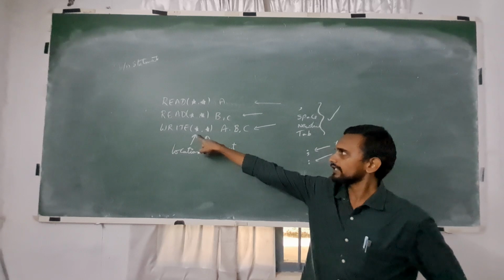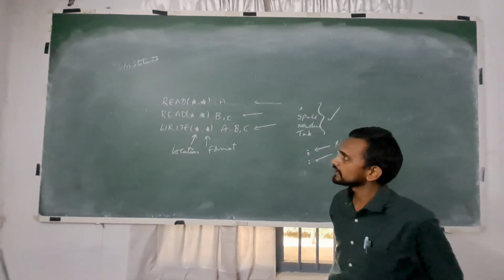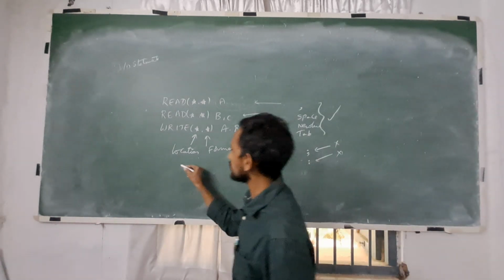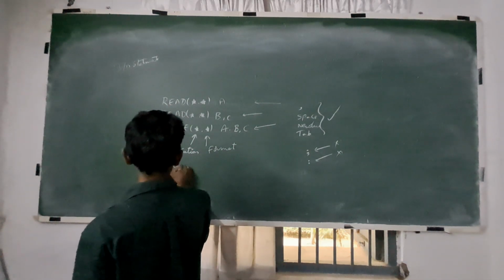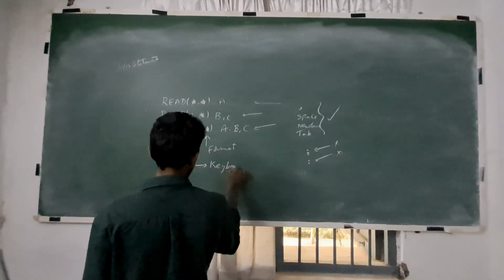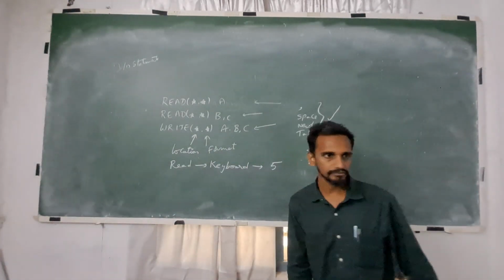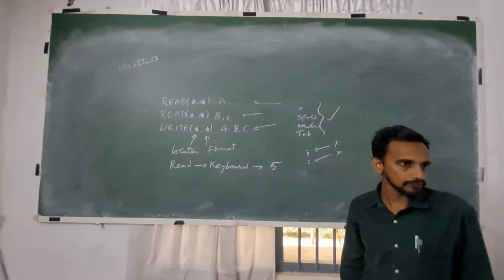So where from are you reading or writing this data? The default location for reading data is keyboard, and the address assigned for that is 5. So instead of star, if you put 5, that works.